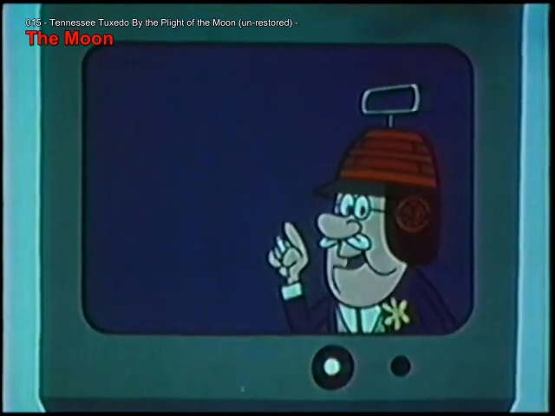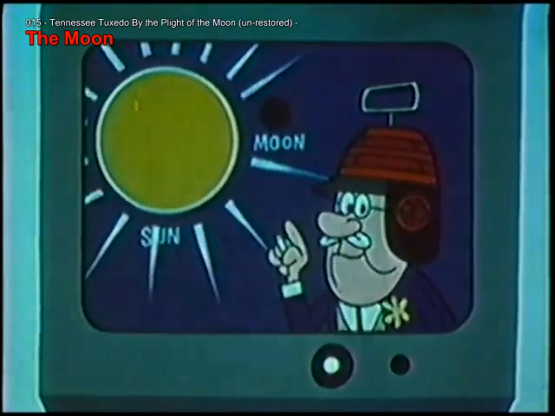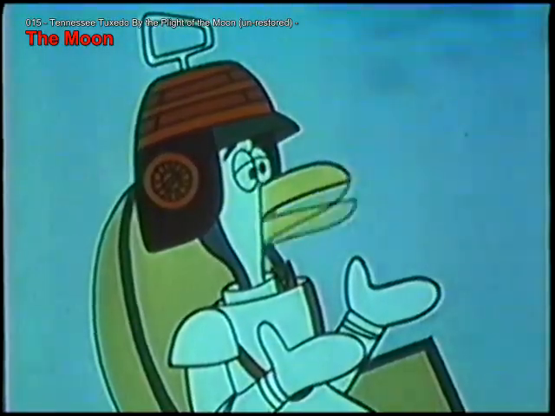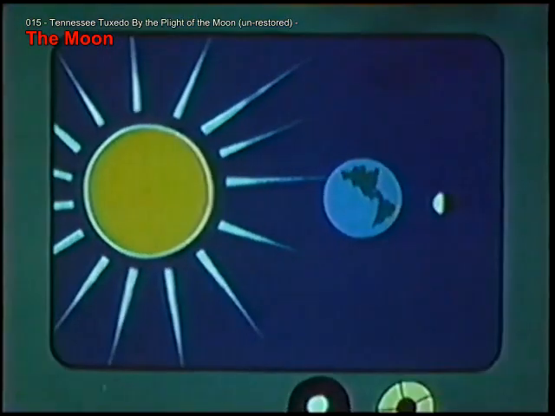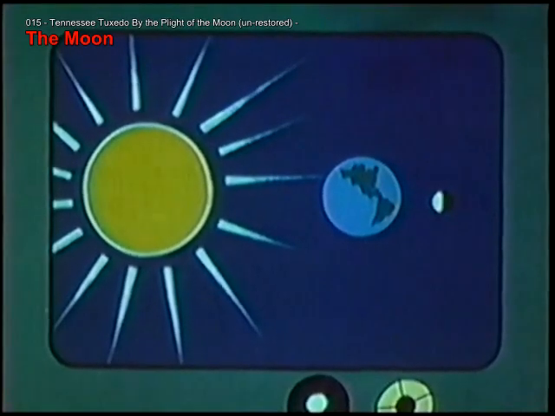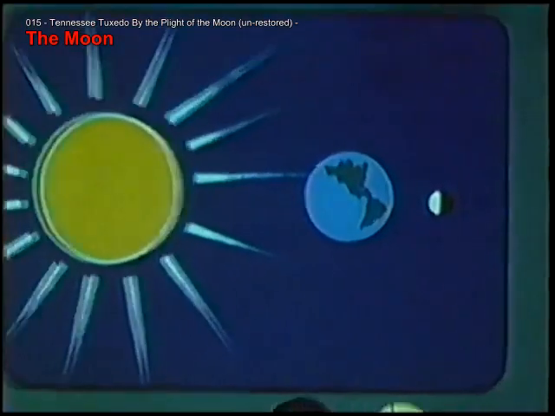Now, hold on, Tennessee. The moon doesn't really light up. You see, it doesn't give off its own light the way the sun does. But it always looks bright at night. No, not always. You see, the moon simply reflects the light that shines on it from the sun. And we, here on Earth, only see the part of the moon that the sun lights up. Once each month, the sun, Earth, and moon are in this position, with the Earth in the middle.